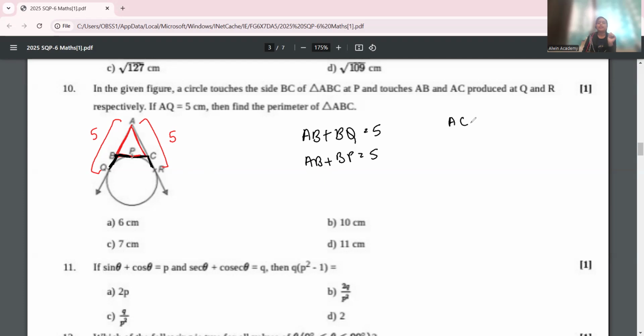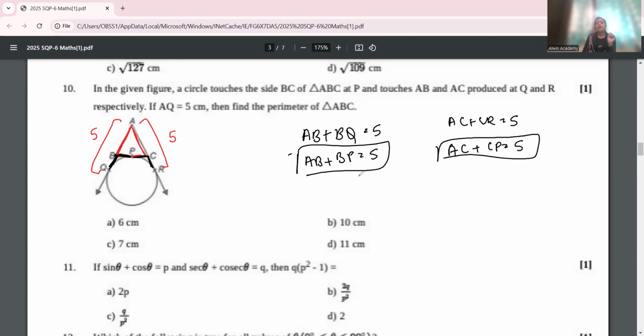If I say AC plus CR is 5, then AC plus CP must also be 5. If I add these two equations, I get AB plus BP and CP combined becomes BC and AC. So the perimeter of ABC is 5 plus 5, 10 centimeters. Going to the next question.